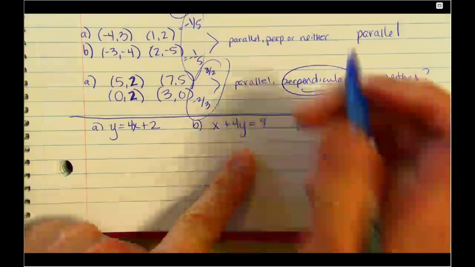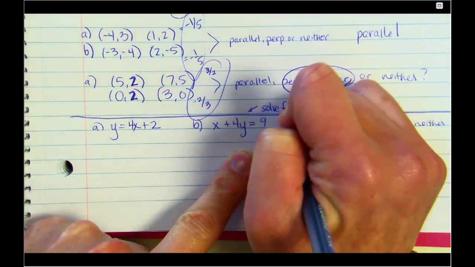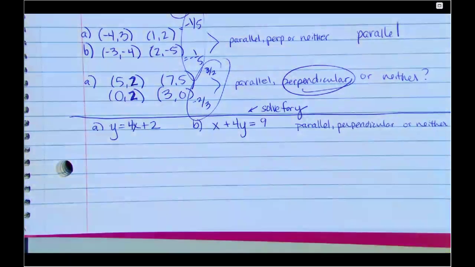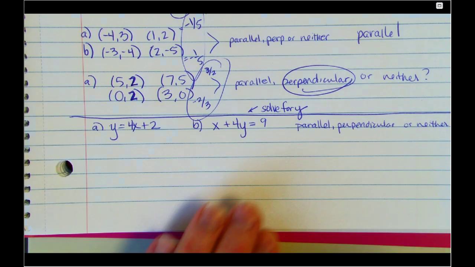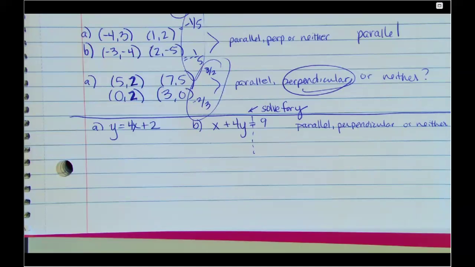To answer this question, we have to solve for y. There are 2 steps when you solve for y. What's the first step? You have to get x or y by itself. We want y by itself.